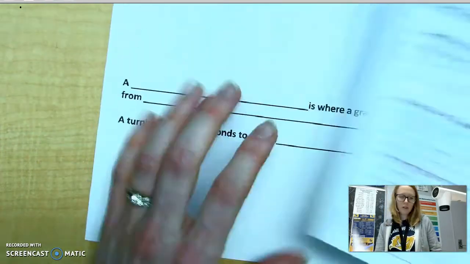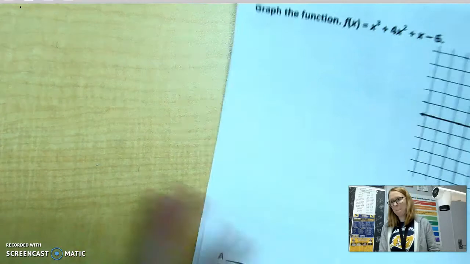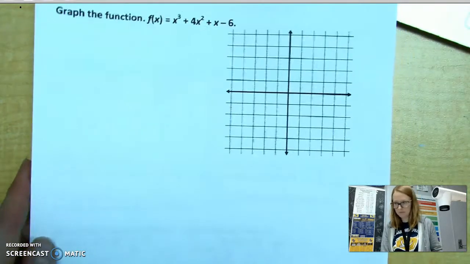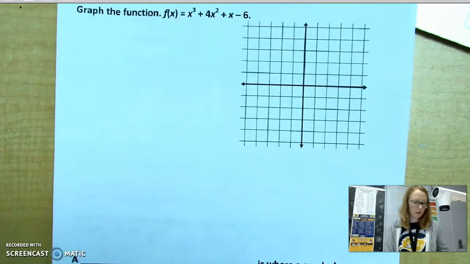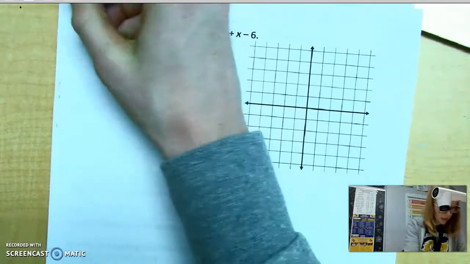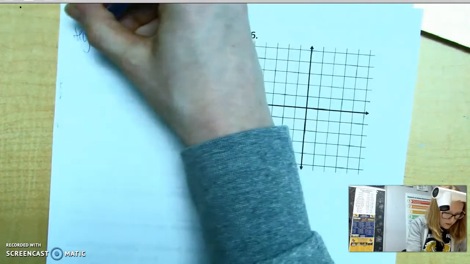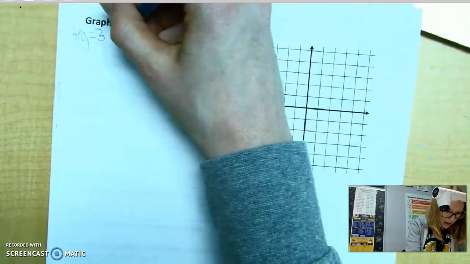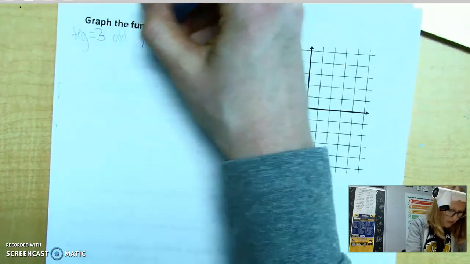Okay, next thing that we could talk about is graphing a function. So if we were looking at this function, usually you want to look at your degree. The degree is 3, which is odd, so I know I'm looking at a snake function, right?